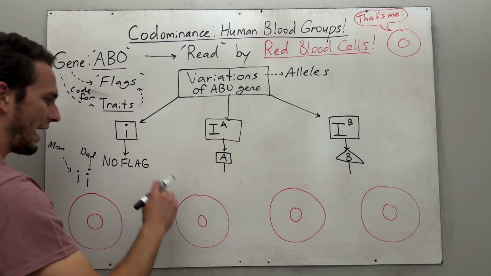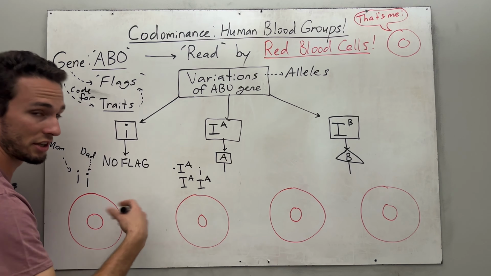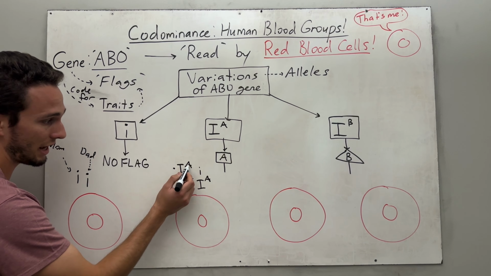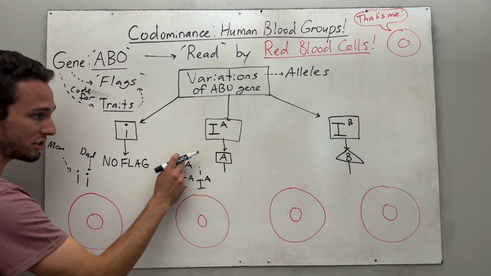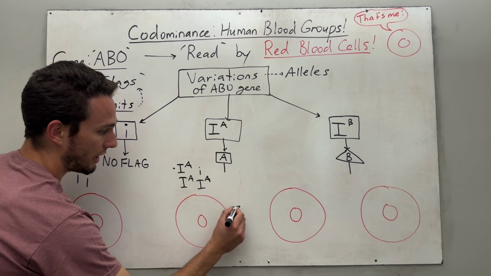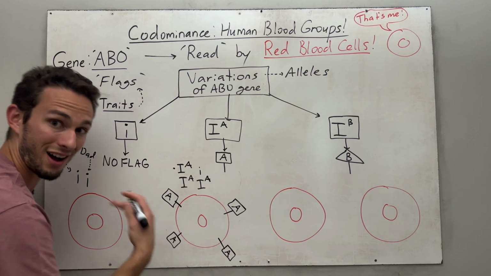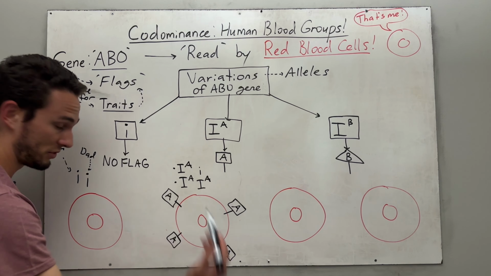But what if you had the following? What if you had this first thing called a genotype where you have a big I, big A, and a little i? Well, in that case, you've got this dominant allele here that codes for this big A flag, so your blood cell would look like this. Awesome. But what if you had this genotype where you had both big I, big A, big I, big A? Same would hold true.